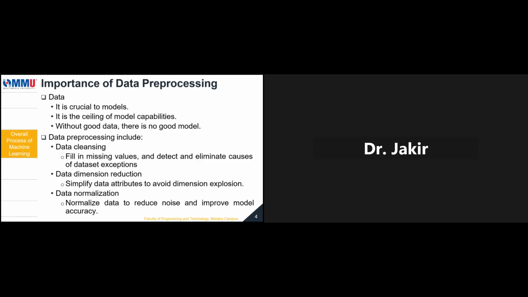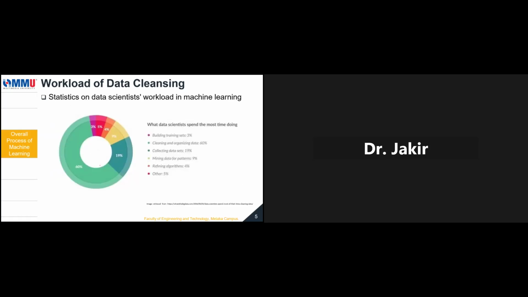In data cleansing, we mainly need to find out if there is any missing value in the table data, and detect and eliminate the causes of data set exceptions. Data dimension reduction, which we call feature reduction, means we need to simplify the data attributes. Then we will see them one by one in the next slides.